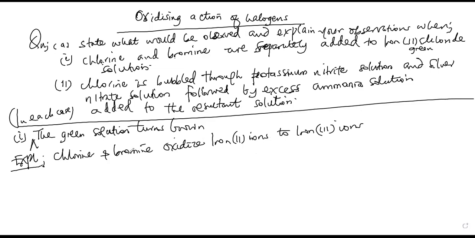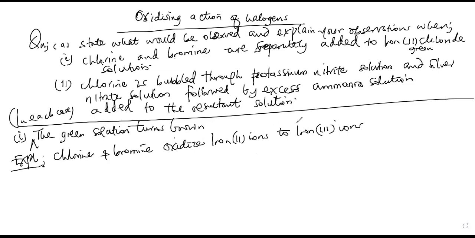These oxidizing agents get reduced. So if chlorine and bromine oxidize iron 2 ions to iron 3 ions, they are reduced to chloride ions and bromide ions.